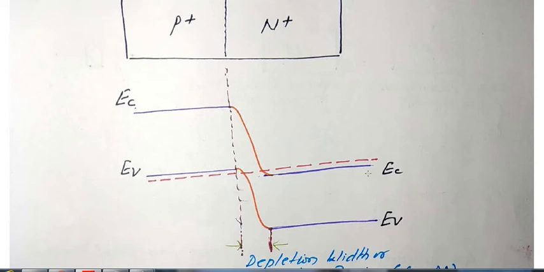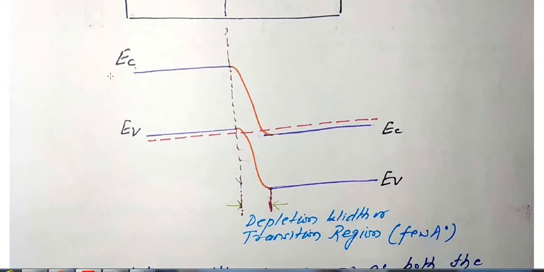This Fermi level is constant throughout the tunnel diode because current flowing through open circuit diode is 0, and that happens when this Fermi level is constant throughout the material, and we also assume that it is uniformly doped.